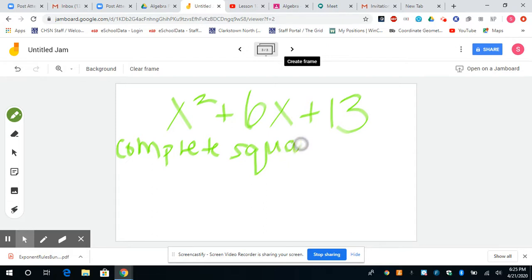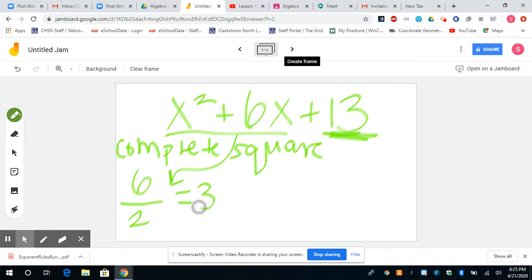And remember, we want to move this guy over because we want to complete the square with these two terms. So remember, we take this b value, we divide it by 2, and then you square it. So our perfect square now is 9.